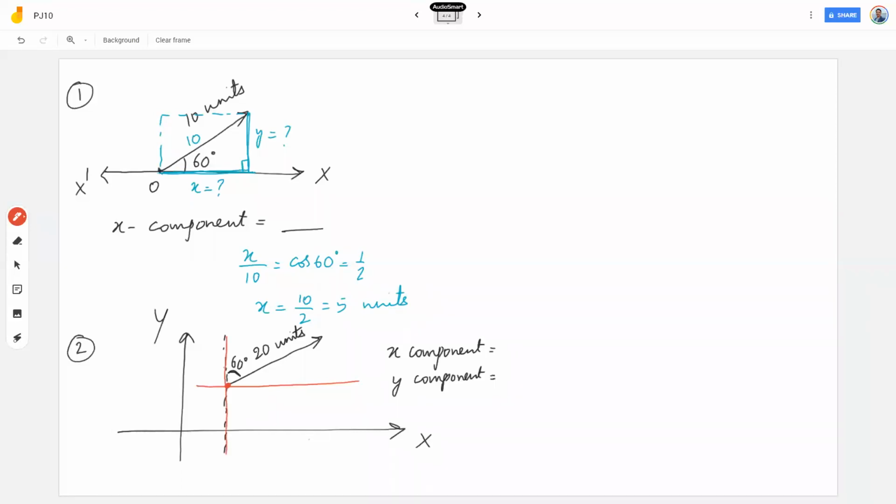Now, if I complete a rectangle using 20 as the diagonal and these two perpendicular sides as the adjacent sides, then you will get the components. This is called the x component, and this is called the y component.